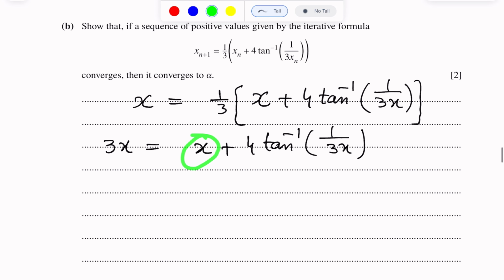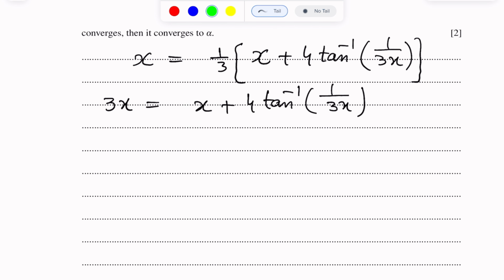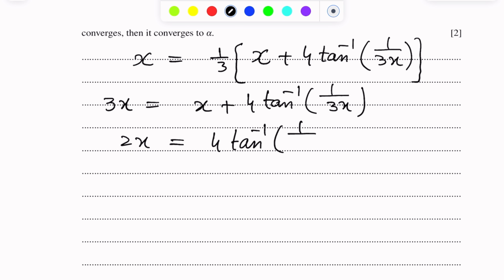This x will be moved to the left side, 3x minus x, that is 2x. So we can write 2x = 4 tan inverse(1/(3x)).